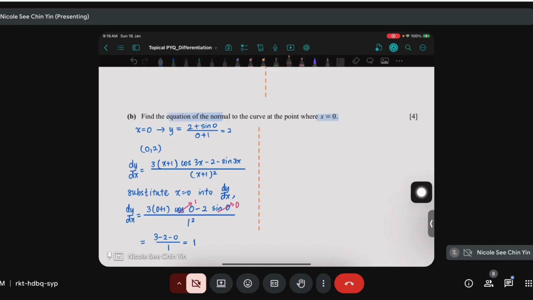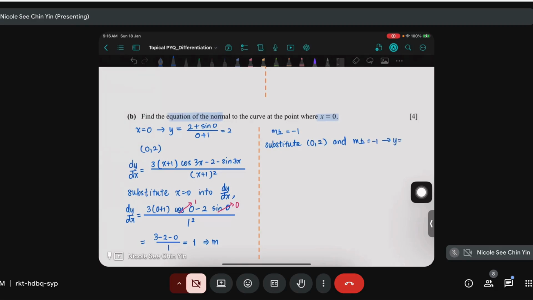But I want the equation of the normal. So in other words, the 1 here represents my gradient. So my gradient of the perpendicular is negative 1. Next step I'm going to substitute. I have two pieces of information already, (0, 2) and my gradient of normal equals negative 1.